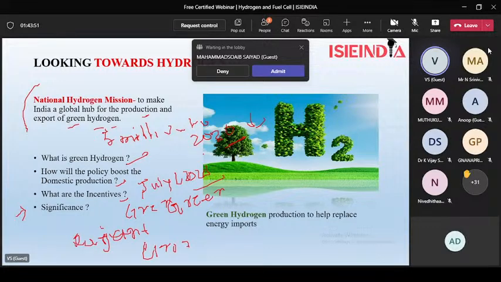India will be an exporter of green hydrogen, and it is expected that hydrogen demand will be 11.7 million tons in 2030, from 6 metric tons currently. So this is how the government is introducing some initiatives for the production of hydrogen.